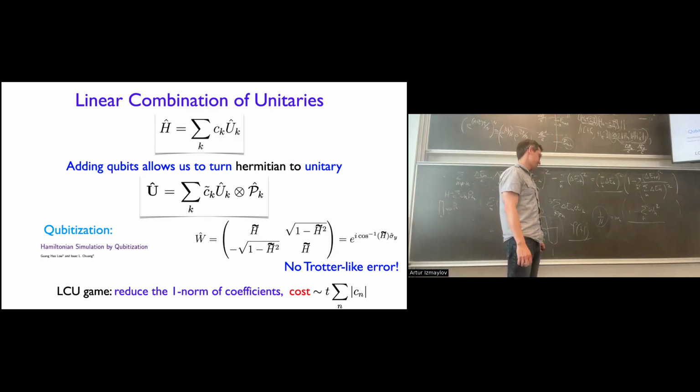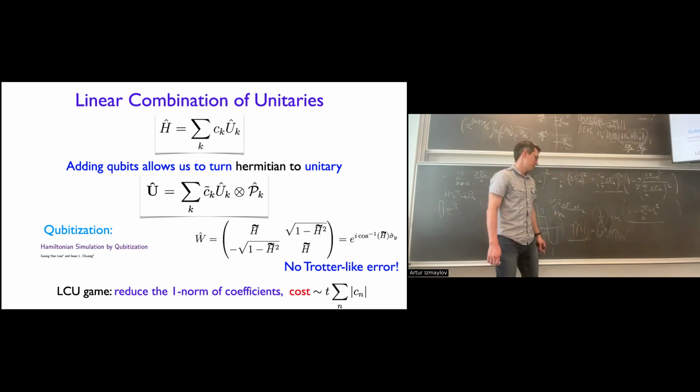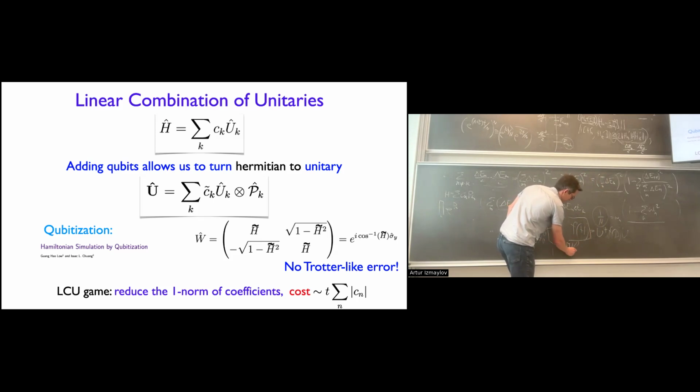Of course, if H is a very simple operator that you can diagonalize using unitaries, then you could go into that basis and present it like this. That is easy. But if you cannot diagonalize H, then what is the way to implement this using some product of simpler unitaries?